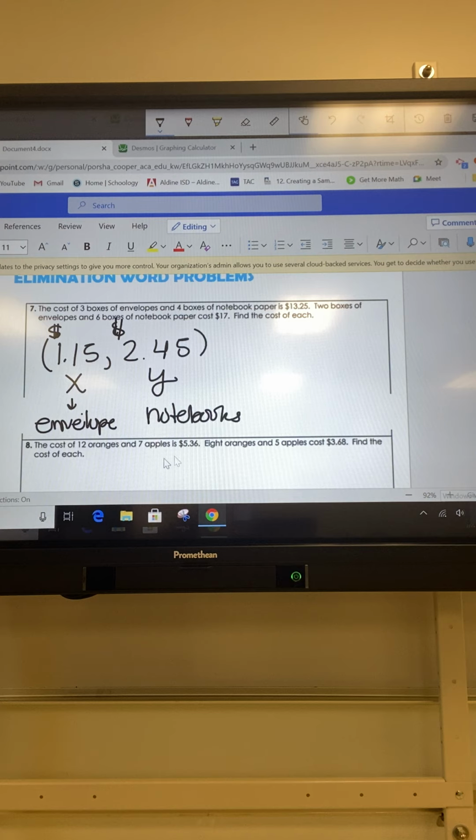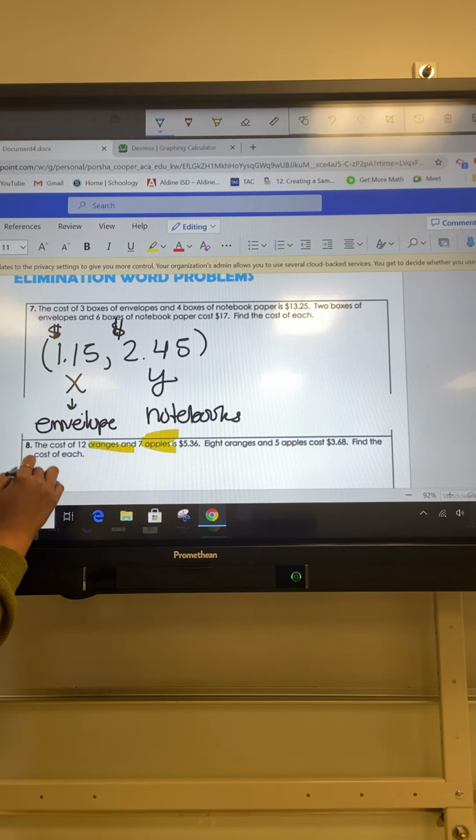All right, let's take a look at number 8. It says the cost of 12 oranges and 7 apples is $5.36. 8 oranges and 5 apples cost $3.68. Find the cost of each. So again, the 2 things that we're talking about here are oranges and apples. So we're going to create 2 variables.